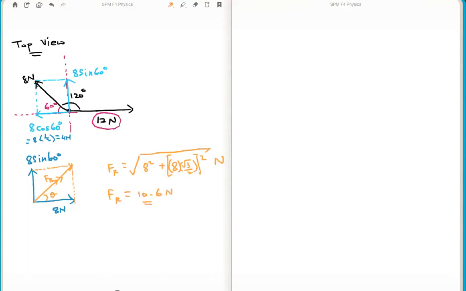And the angle here, instead of using this value, I will use arctangent of the sine 60 magnitude by 8 Newton, and therefore it should be 41 degrees with respect to the 12 Newton force.